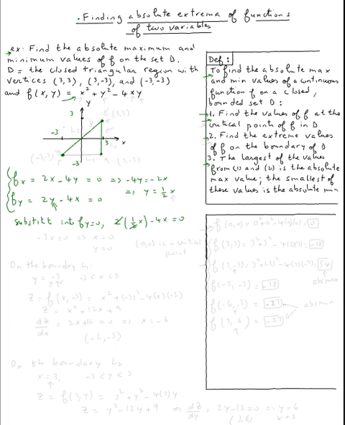So x minus 4x is going to give us minus 3x equals 0. So therefore x equals 0. Now x equals 0, plug it back here, it's going to give us y equals 0. So we have only one critical point, right?